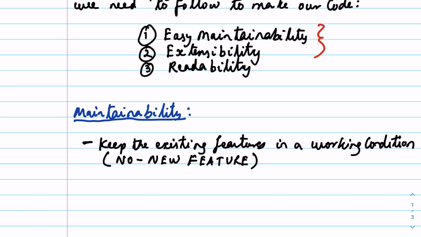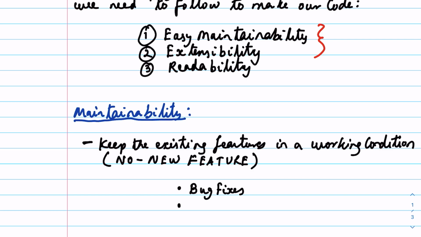So what do we do in maintainability? If the code is already in a working condition, what can go wrong, or what activities do we perform? One thing is we usually do bug fixes in the existing code to keep it in a working condition.